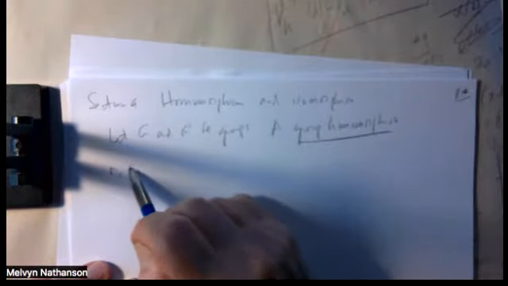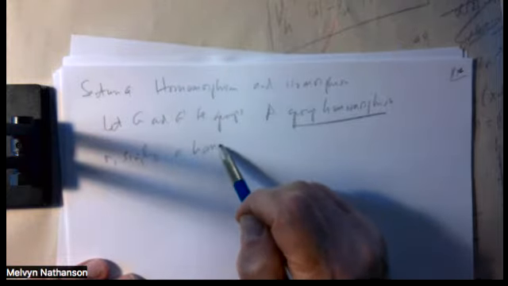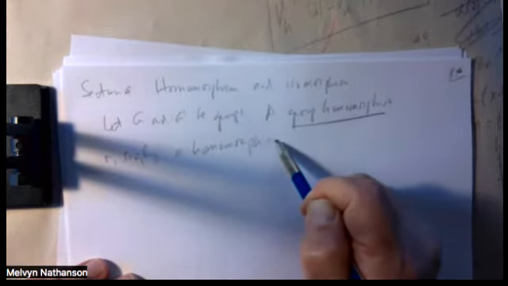A group homomorphism, or simply, when we're studying group theory and nothing else but groups, a homomorphism is a function f from G to G prime such that the following holds. If I take elements x and y in G, for all x, y in G, I can multiply them, and then I can apply f to that.